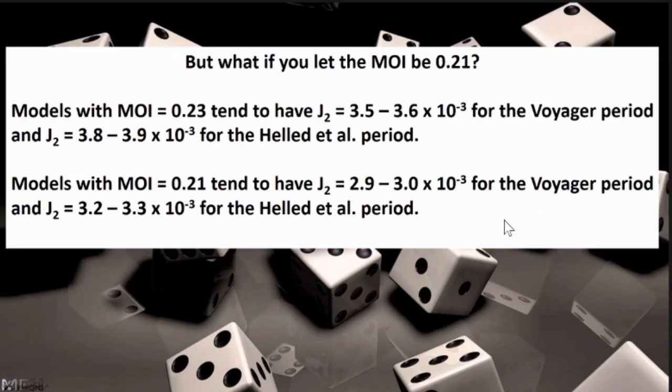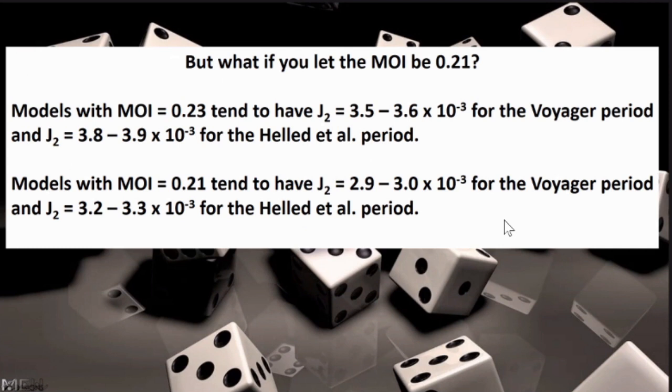So why do I have to take a moment of inertia of 0.23? If you check it and calculate the J2s using the Voyager period, the J2s are something like 3.5, 3.6 times 10 to the minus 3. The real value is 3.5, 3.4, something like that.